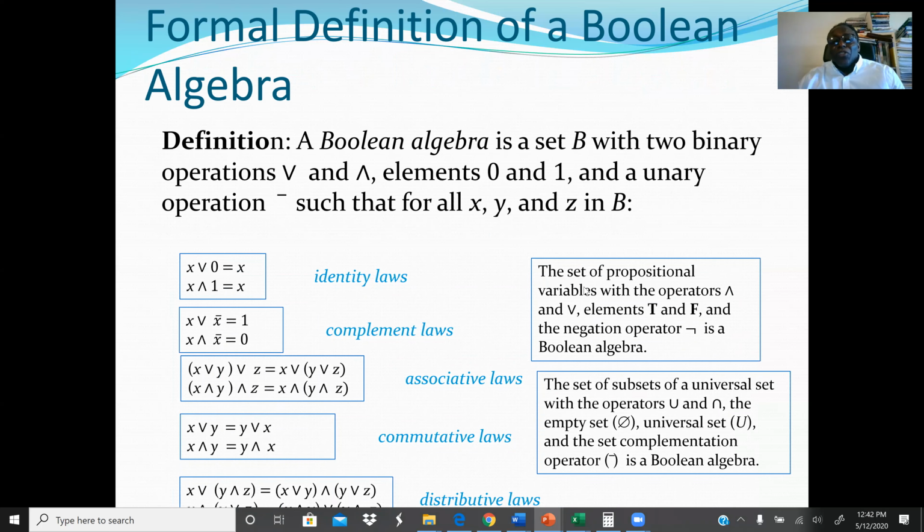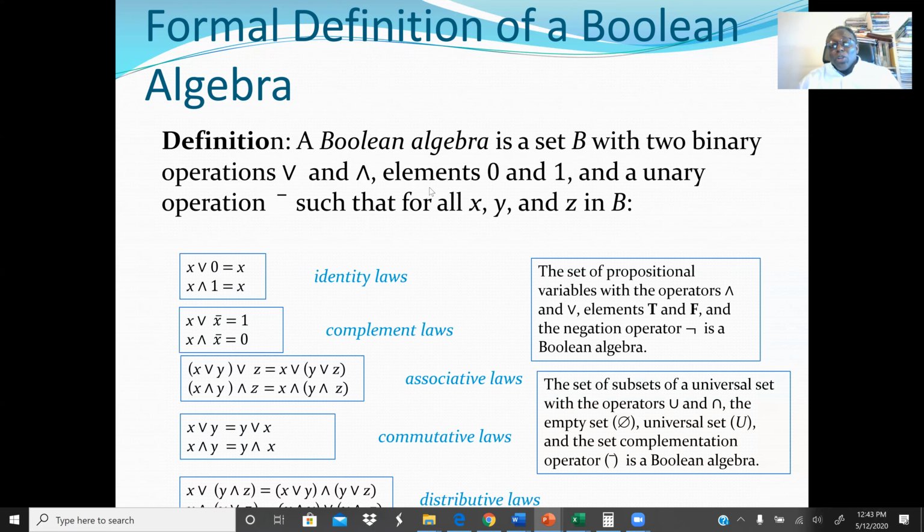So these are some of the formal definitions of a Boolean algebra. We say a Boolean algebra is a set B with 2 binary operations. The binary operations are disjunction, which is or, and conjunction, which is and.